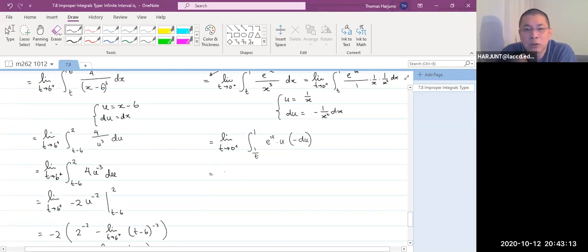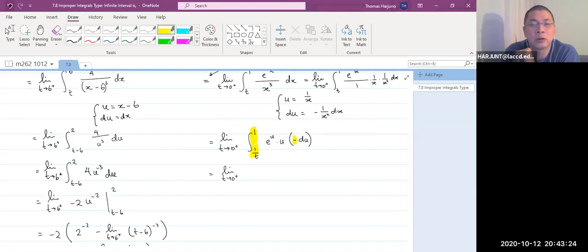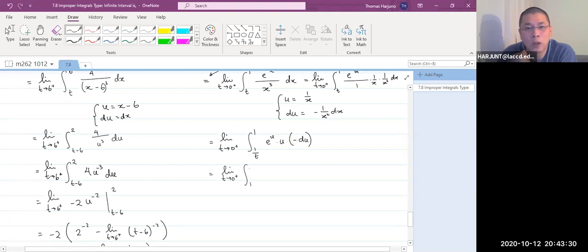Which is equal to the limit as t goes to 0 from the positive side. I will absorb the negative here by reversing the limits of integration. That's the integral from 1 to 1 over t of u e to the u du.